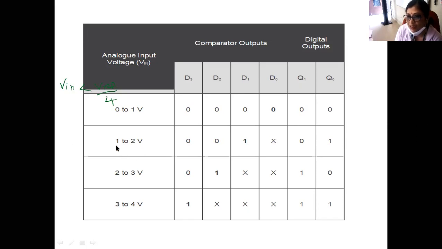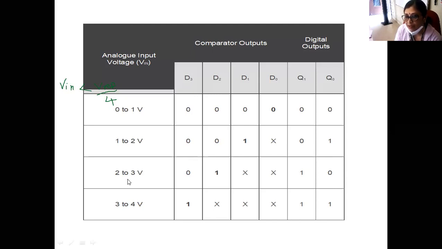So in that case, the first comparator will produce high output and the remaining comparators will produce 0 output. Okay. And as the inputs to the encoder are 001, the first input will be activated and the digital code of the first input is 01 and that is produced at the output.